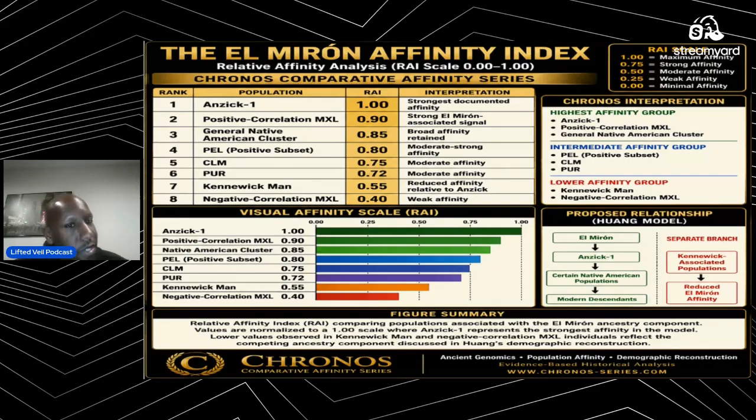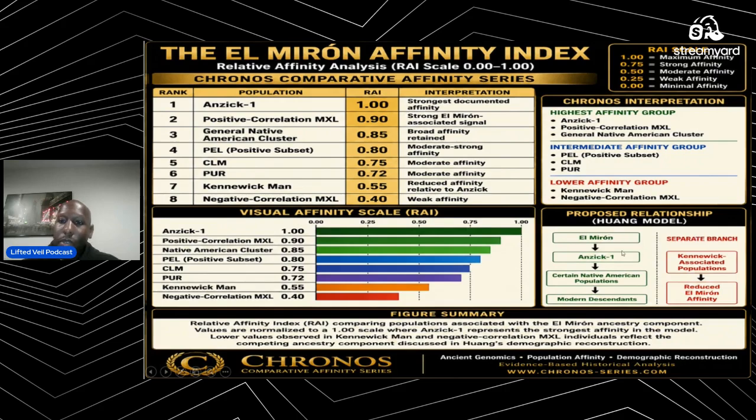Okay, so that's just a bar chart underneath that to give you another visual effect there to hammer home the point. What's important here as well is over here, proposed relationship.